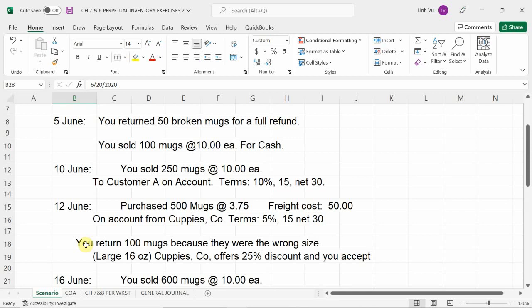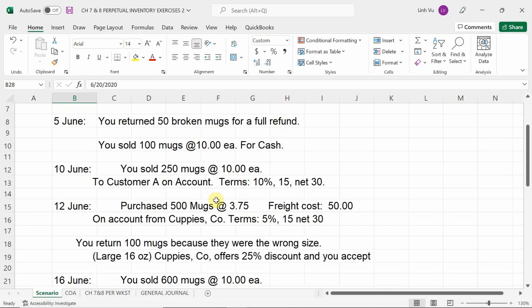So how many days is 15 days later? Is that 25? 25. So in this case, did customer A make any returns or any allowances?